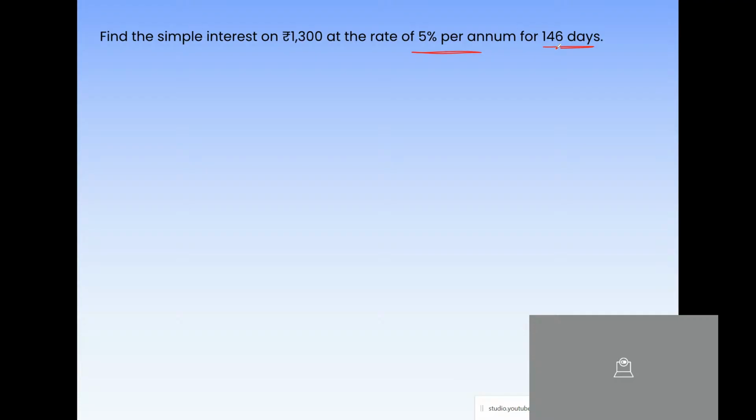So to convert the days into years, you will divide this 146 by 365. So here your principal amount is 1300, your rate of interest is 5%, and time will be 146 over 365 days. All right. So let's solve it.